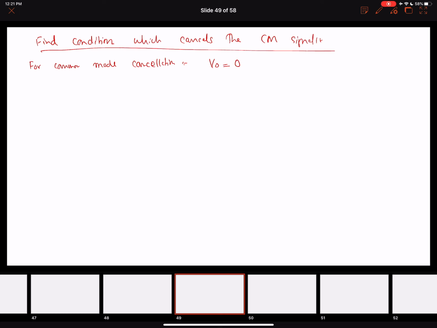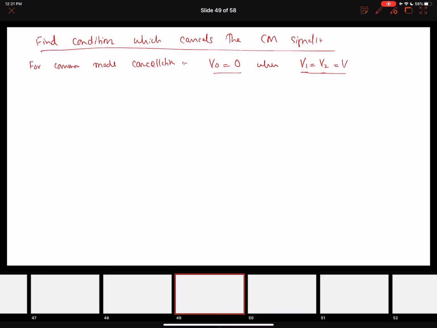What we want is our output to be 0 when V1 equals V2 equals V. So I want my amplifier to only multiply the difference, and any common signal that is present should be cancelled out. For example, if my input signals are the same, then my output should be equal to 0.